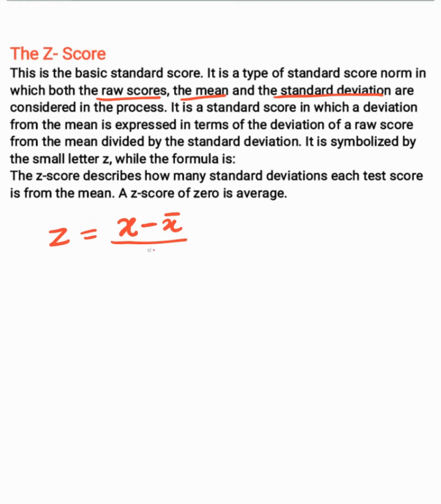We can represent it by S, or use the sigma sign. So don't be confused when you see it expressed this way: x minus the mean over standard deviation is still the same thing. We have the sample mean and the population mean. They are all mean.